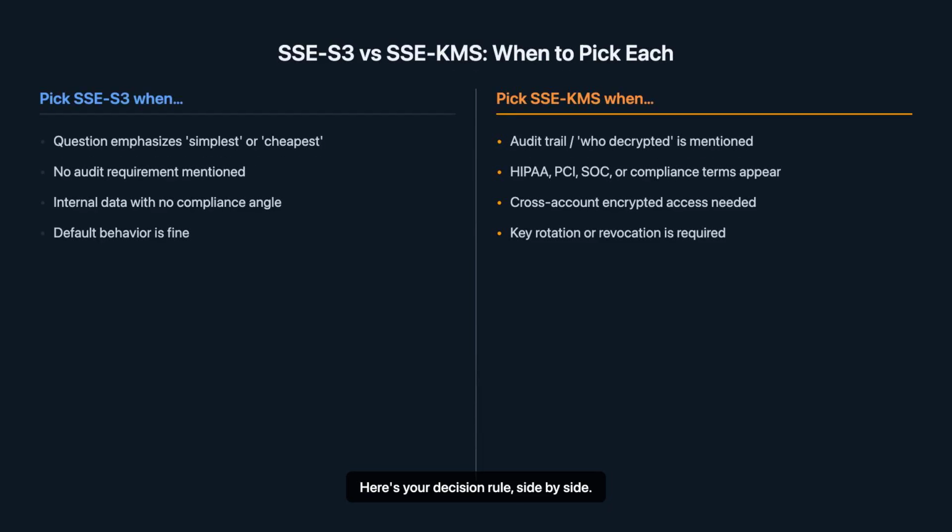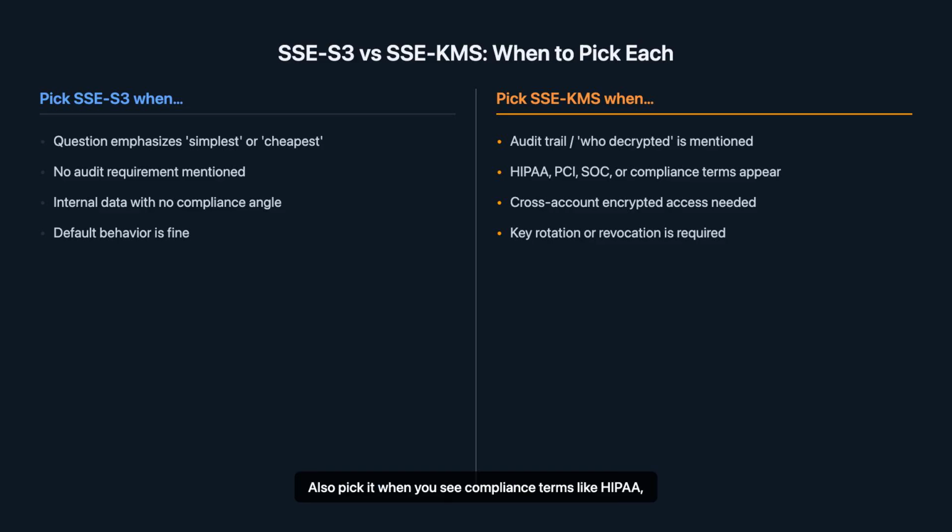Here's your decision rule, side by side. Pick SSE-S3 when the question emphasizes simplest or cheapest, when there's no audit requirement mentioned, when the data is internal with no compliance angle, or when the question literally describes default behavior. Pick SSE-KMS when the audit trail matters, anything about proving who decrypted what.